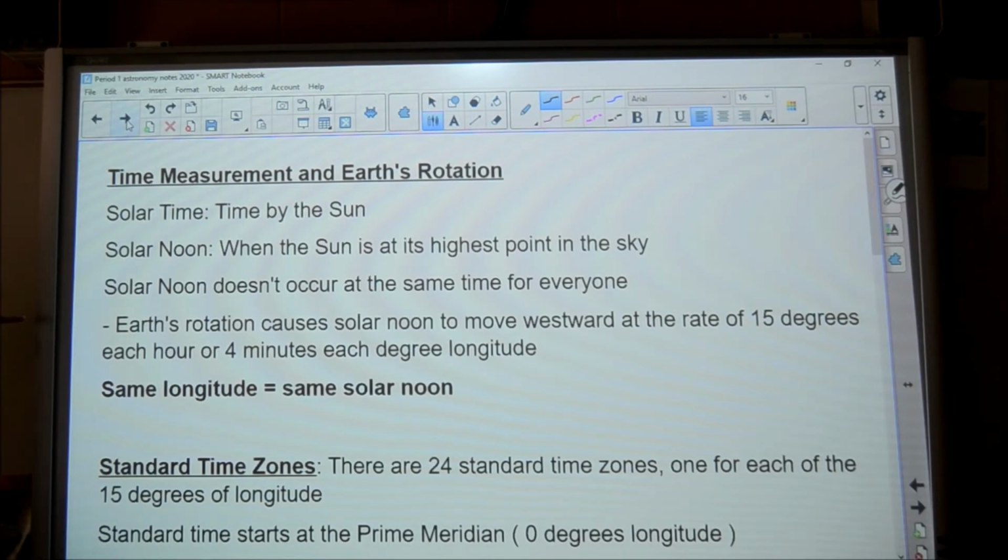Earth's rotation causes solar noon to move westward at the rate of 15 degrees each hour, or 4 minutes for each degree of longitude. Those in the middle of their time zone actually have solar noon at noon. We are east of the center of our time zone, so our solar noon actually happens after noon on the clock.